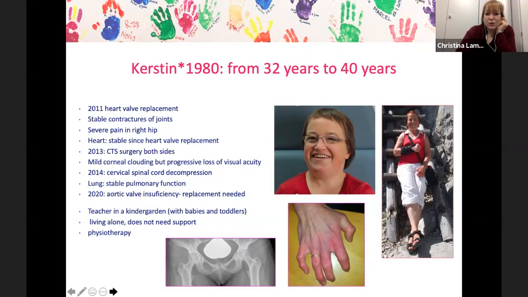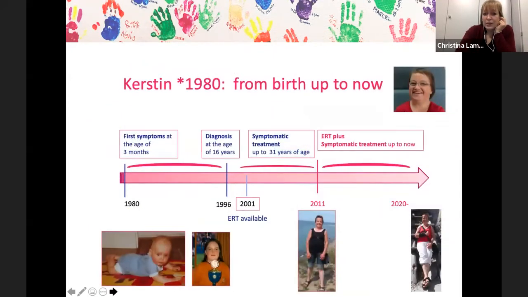She is living alone, she needs no support, and she has a lot of physiotherapy. But as you see, even if she is a so-called attenuated patient, in a way, she has quite a lot of severe difficulties and complications of the disease, like the heart, the craniocervical junction. And here you see just the time frame and the pictures to understand what was going on.